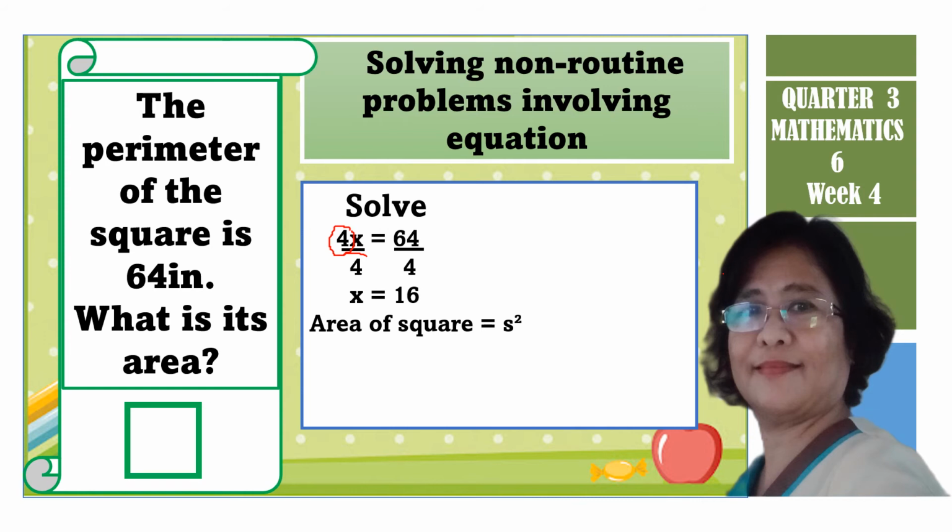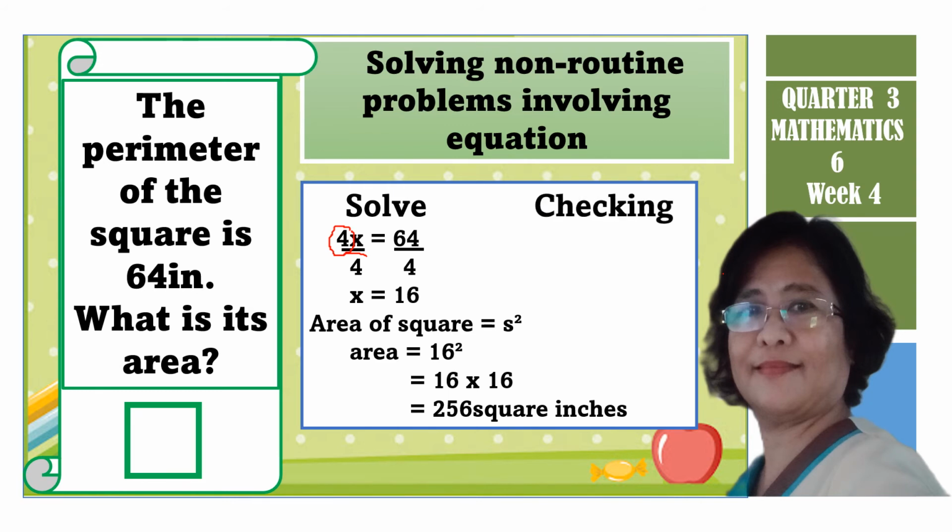The area of the square has the formula s squared. So since x is 16 and that represents the side of the square, which is 16, we multiply 16 by itself. 16 times 16, the answer is 256 square inches. So the area of the square now is 256 square inches.